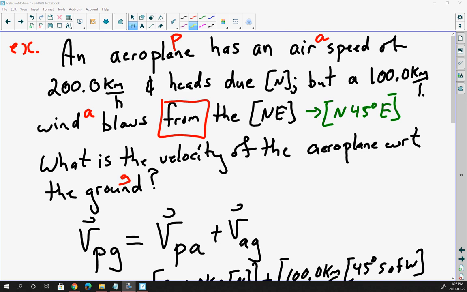So let's try another example here, a two-dimensional example. We did stuff like this in grade 11 with a boat crossing a river. You may remember that.